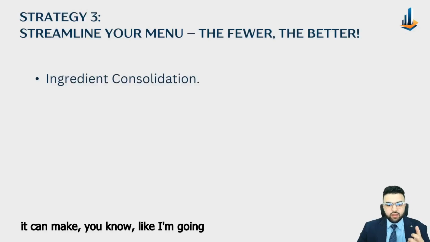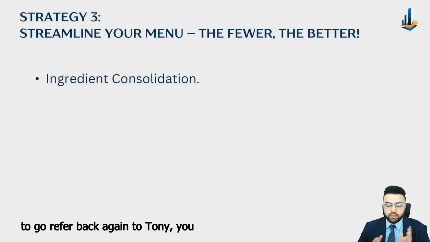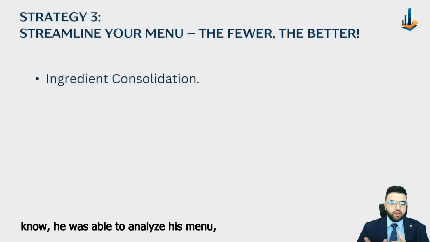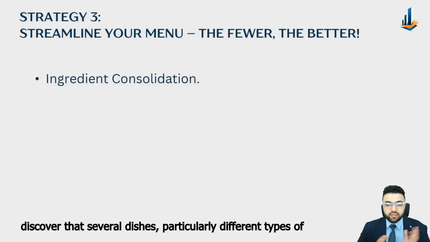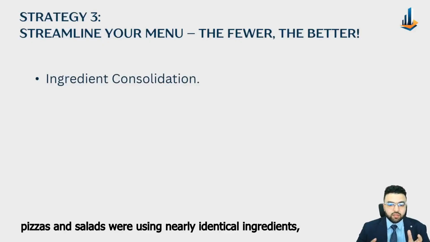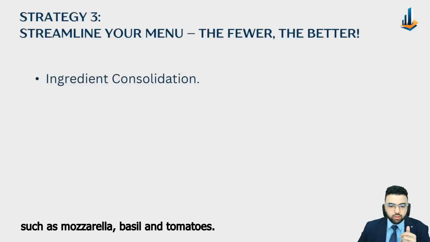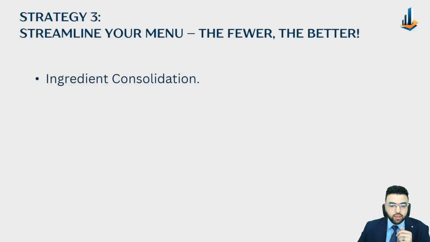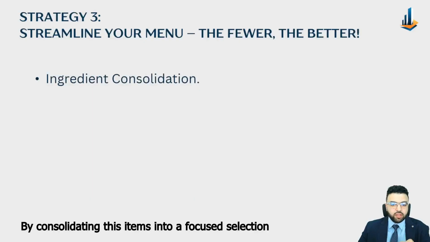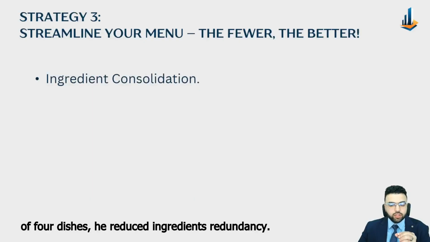Okay, so the consolidation of ingredients. I'm going to refer back again to Tony. He was able to analyze his menu and discover that several dishes, particularly different types of pizzas and salads, were using nearly identical ingredients such as mozzarella, basil, and tomatoes. By consolidating these items into a focused selection of core dishes, he reduced ingredient redundancy.